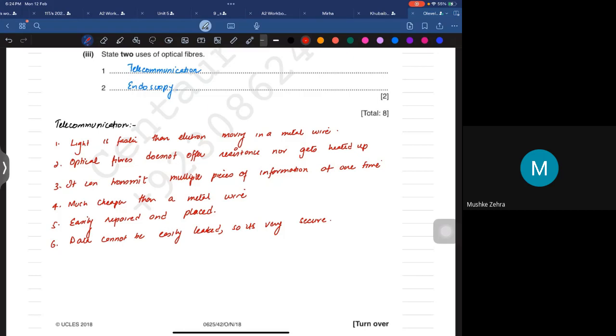Light does not create magnetic or electric fields. Is it clear, kids? Yes, sir. That is the reason nowadays optical fibers are used underground and underwater as well, because seawater corrodes metals. It doesn't corrode this one.